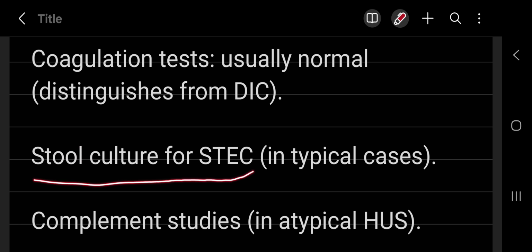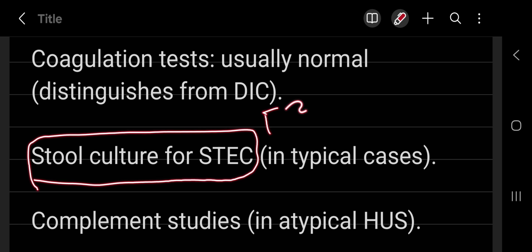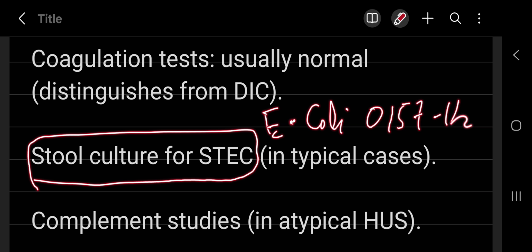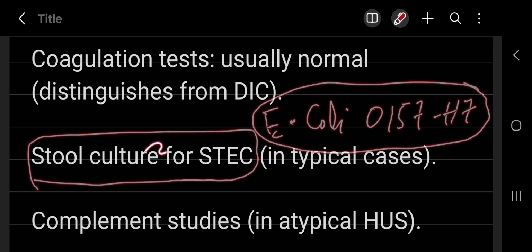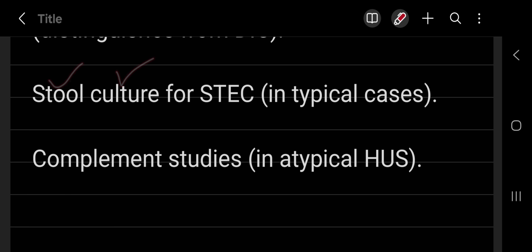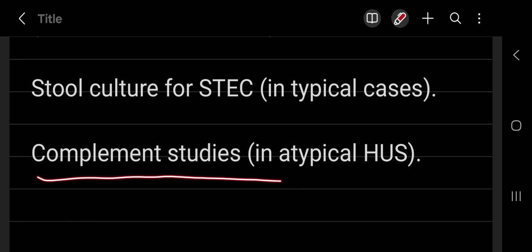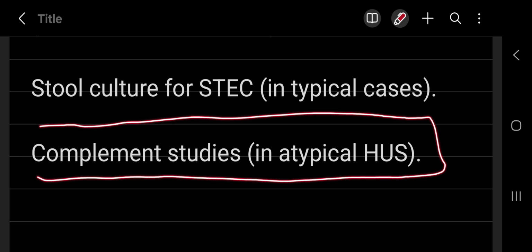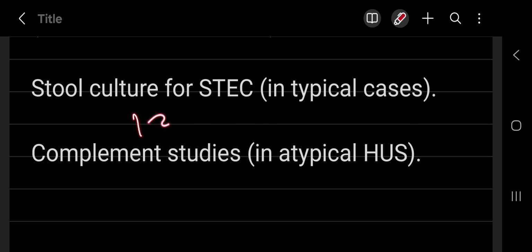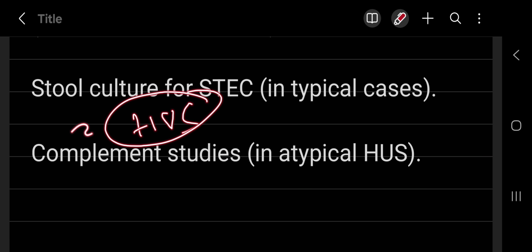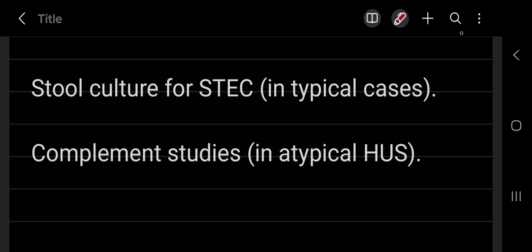On stool culture you will identify E. coli O157H7, the most common cause of hemolytic uremic syndrome. And then complement studies in case of atypical hemolytic uremic syndrome, in which there is dysregulation of the complement system and therefore complement activation leads to hemolytic uremic syndrome. So complement studies are also important.